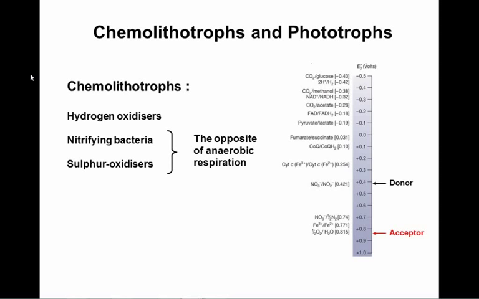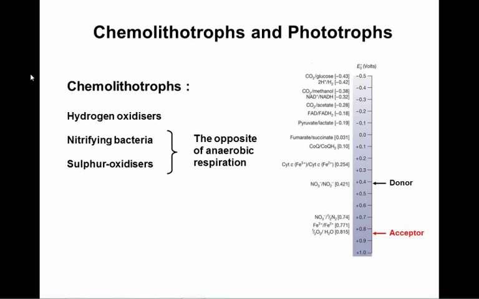We're talking about chemoheterotrophs here. They use organic carbon as a source of electrons and the source of carbon for making cells. And they get energy by transferring the electrons onto an inorganic electron acceptor. Chemolithotrophs are doing practically the opposite.